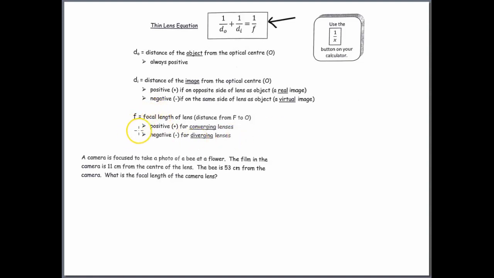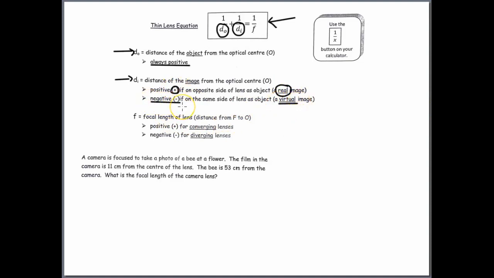But let's go over what the variables mean. So first, dO. That is the distance to the object, and this will always be a positive value. dI, on the other hand, which is the distance to the image, can be positive or negative. If you have a real image, it's positive. And if you have a virtual image, it's negative.